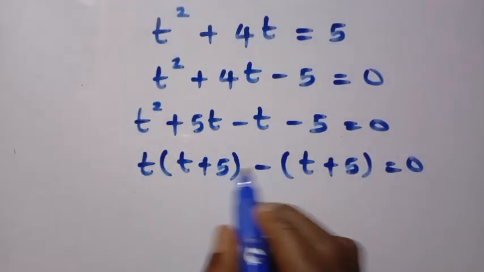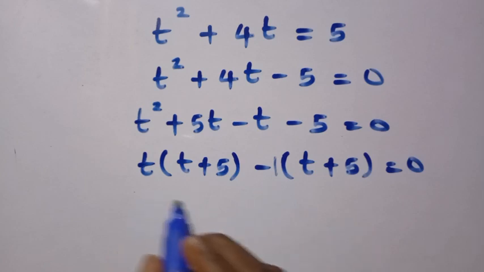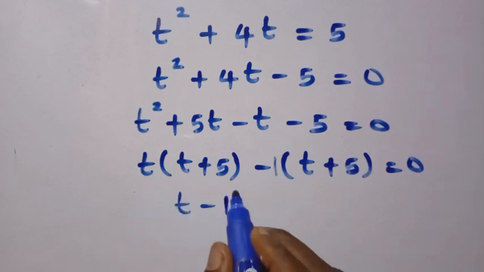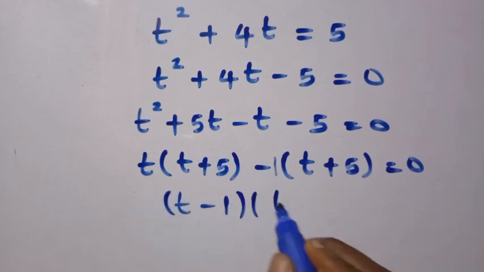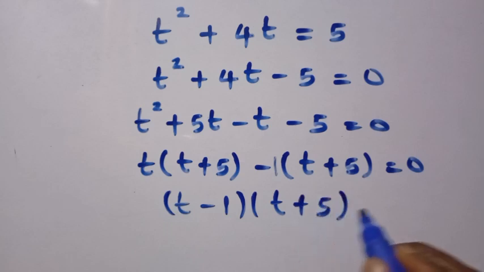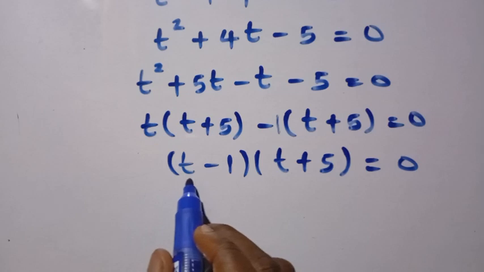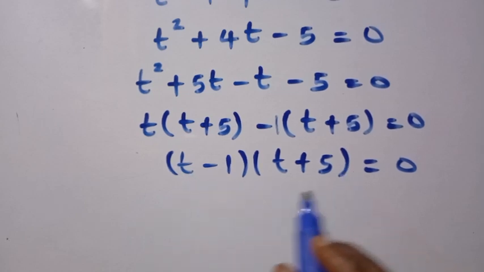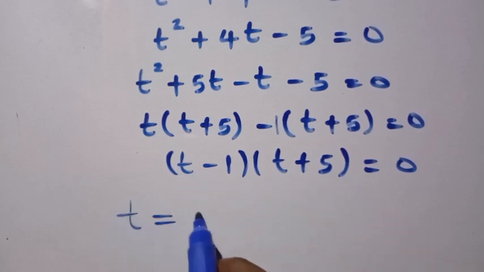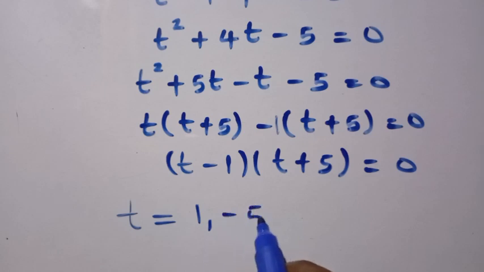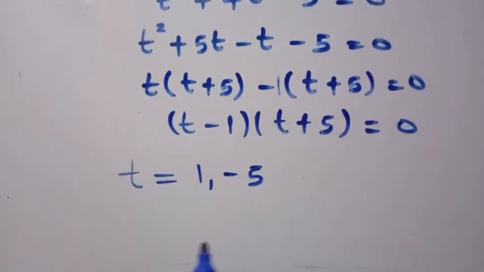There is t plus 5 common, and here is minus 1. Here we get (t minus 1)(t plus 5) equals 0. Therefore, these are the two factors of the quadratic, and the roots are given as 1 and minus 5.